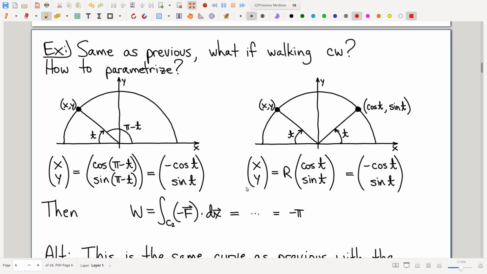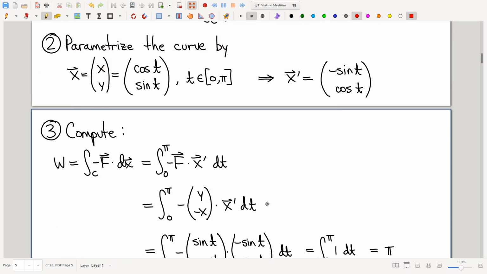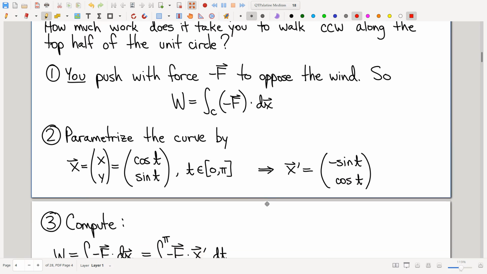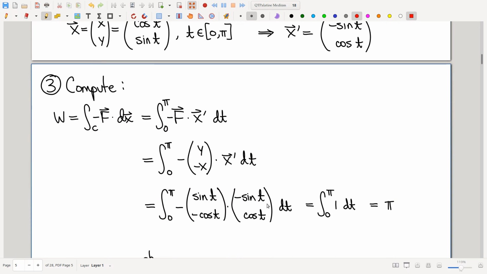That's not good. So the 4th method is to say, look, we've already parameterized it one way. How about we say we're going to use the same parameterization, but we will instead do the integral from pi to 0 of, blah, blah, blah.